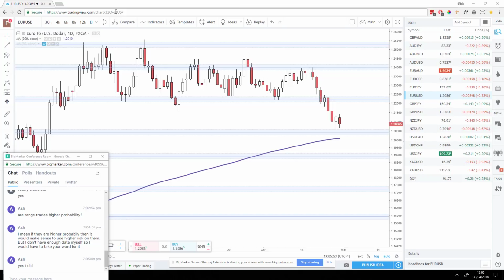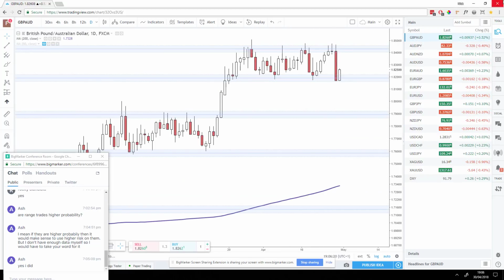I don't blindly up my risk because it's a range-bound trade. I factor in everything as I always do to decide the strength of that setup and how much I should be risking on that setup. So, it's 1 point in its favor, right? The fact that it's a range-bound trade is 1 point in its favor. But if it has a lot of other negatives, I might skip the trade, or I might enter the trade with lower risk, or whatever.